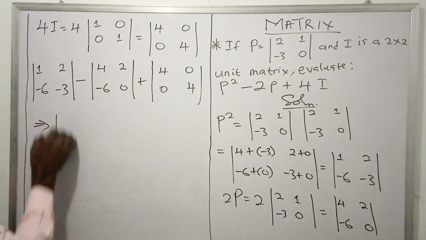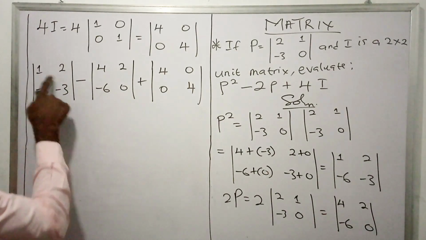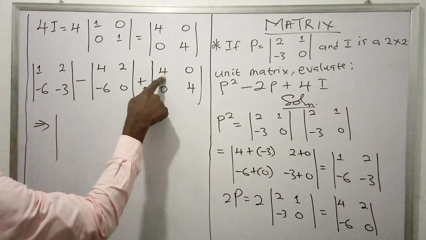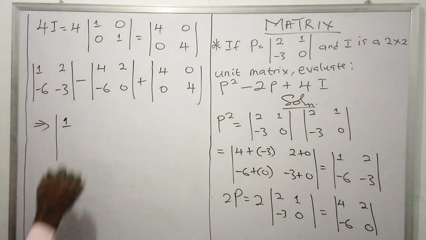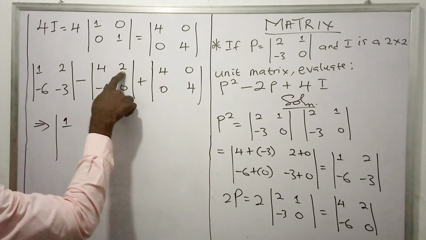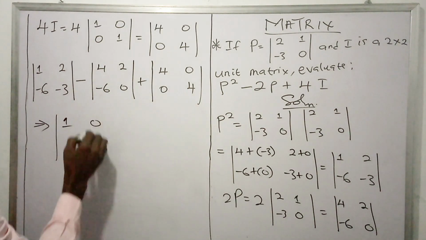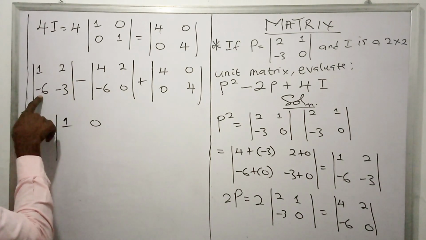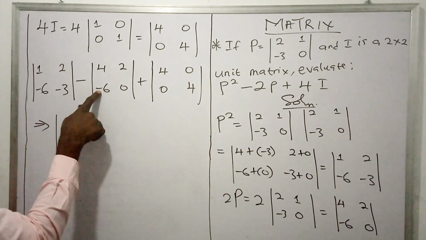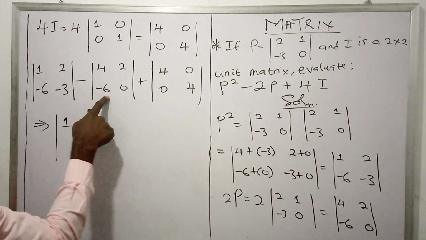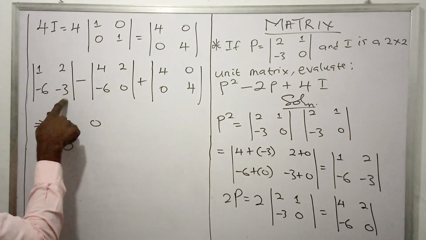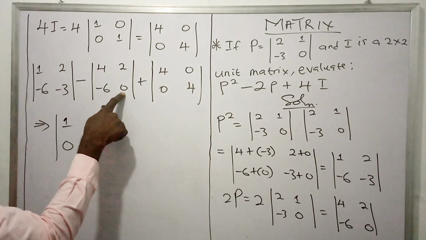Now, when we resolve this, we have 1 minus 4, that's minus 3. Then minus 3 plus 4 gives us 1. Next, 2 minus 2 is 0, and 0 plus 0 is 0. Then minus 6 minus minus 6: minus minus gives positive, so minus 6 plus 6 is 0, and 0 plus 0 is 0 as well.